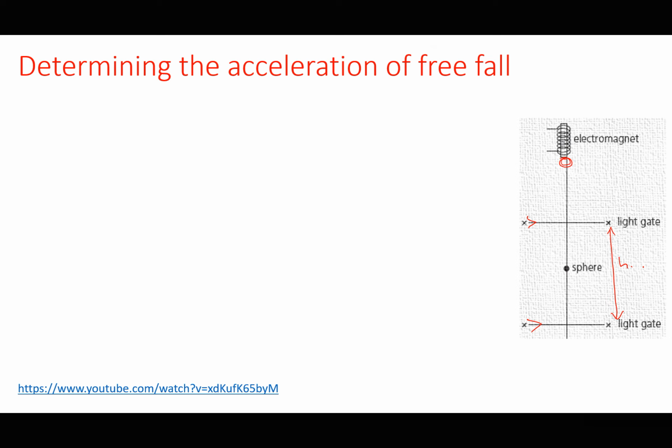Of course, the light gates are connected to an automatic timer. So we measure the distance between the light gates, h, and record the value of t from the timer. It is almost the same as the first example.